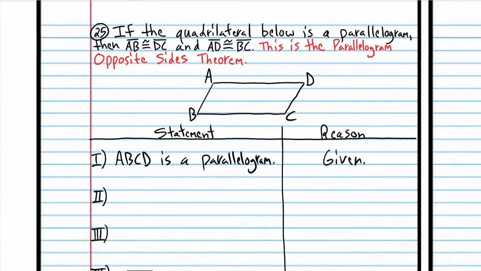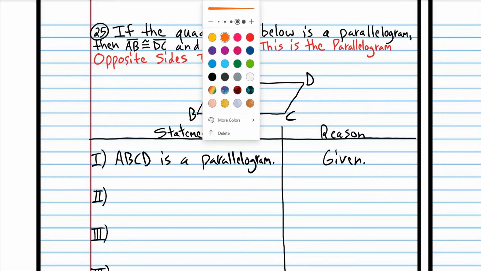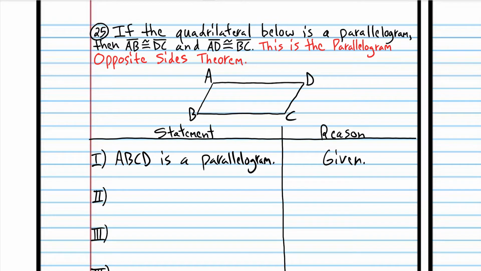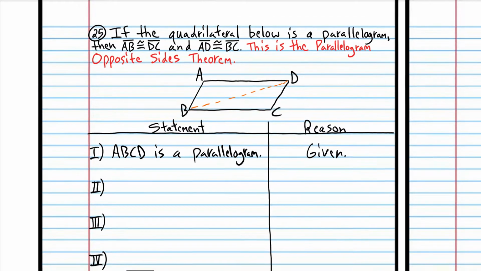The way that we're going to prove this statement is we're going to draw an auxiliary line, and we can draw one here or we can draw one here. It doesn't really matter. You can prove it either way. So I'm going to draw this auxiliary line, and I'm going to make it a dotted segment because it's not really part of the parallelogram.